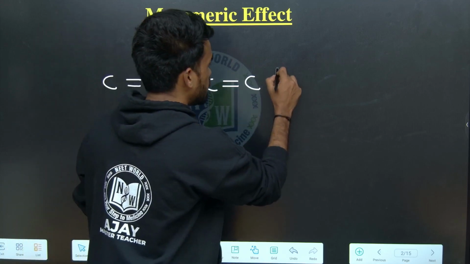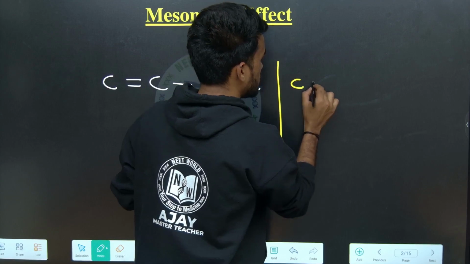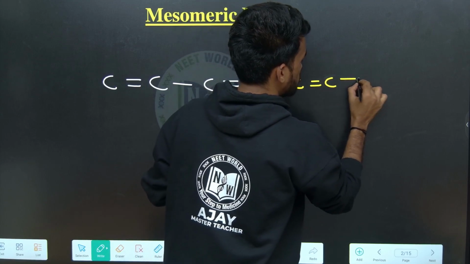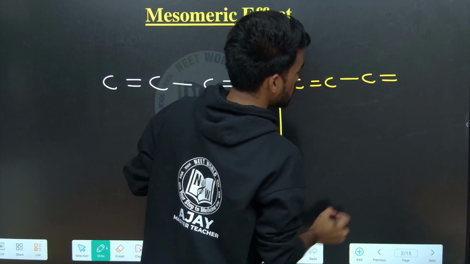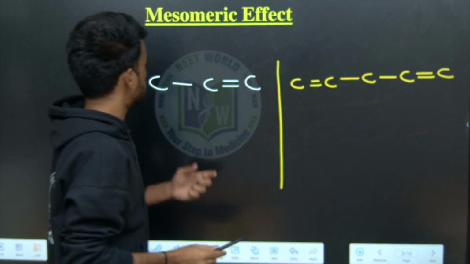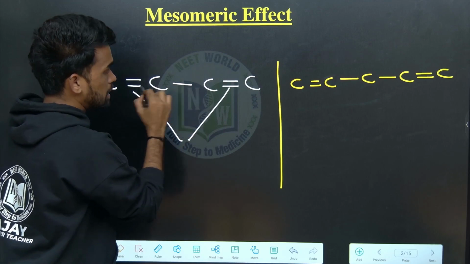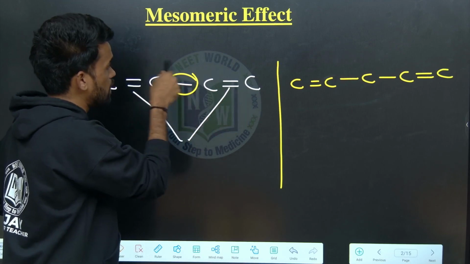Okay, so what is the difference between conjugated and isolated? Same thing I am writing in this manner. This can be considered an isolated system. See here, this double bond and this double bond are alternately positioned, and in between we have a single bond.